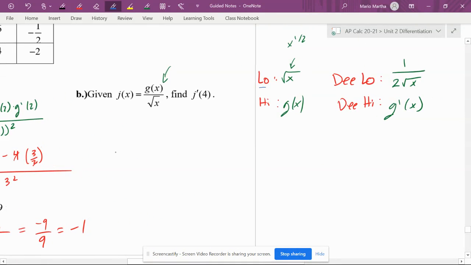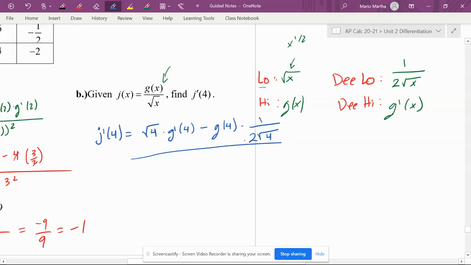So let's find g prime at 4 now. Looking at g prime at 4, that's equal to low d high. So low is the square root of 4 times g prime at 4, and then minus g of 4 times 1 over 2 times the square root of 4.